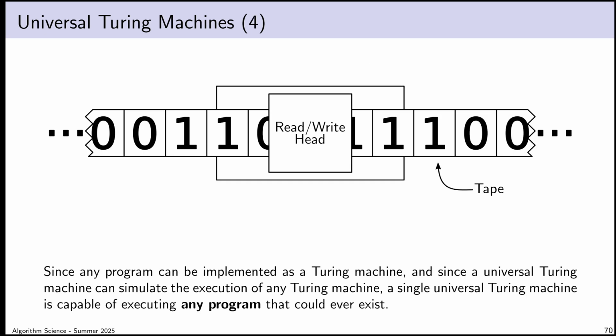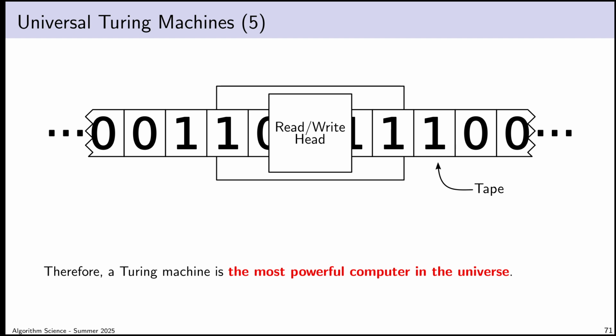So since any program can be implemented as a Turing machine, and since a universal Turing machine can simulate the execution of any other Turing machine, if I create a single universal Turing machine, that device is capable of executing any program that could ever exist. And that means that a Turing machine is the most powerful computer in the universe.